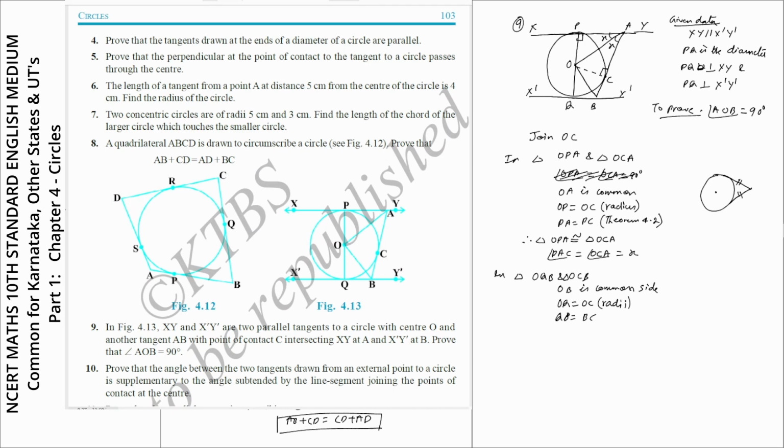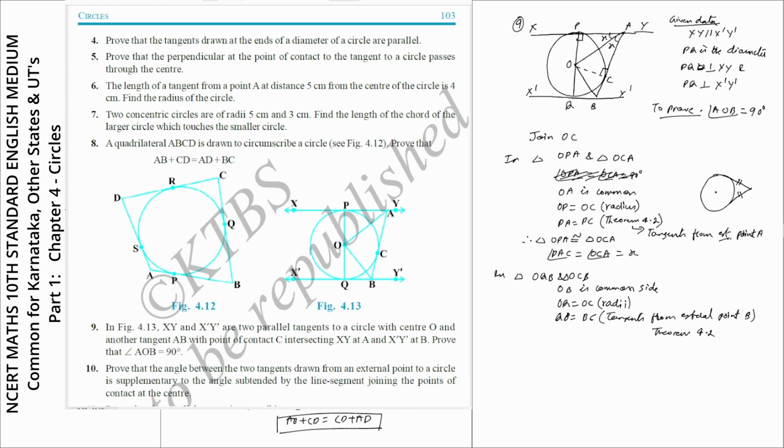These two are tangents from external point B. So according to theorem 4.2, these two tangents should be equal. So here also I am writing tangent from external point A.